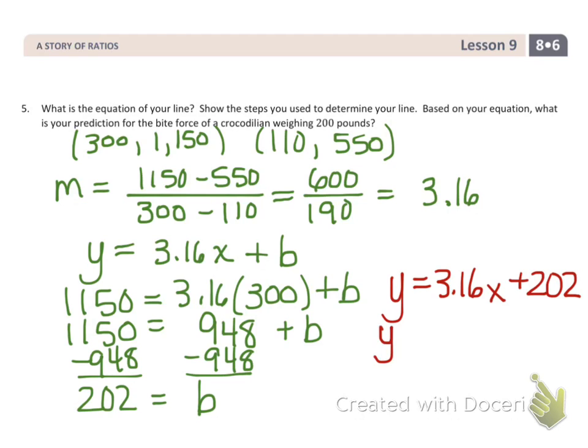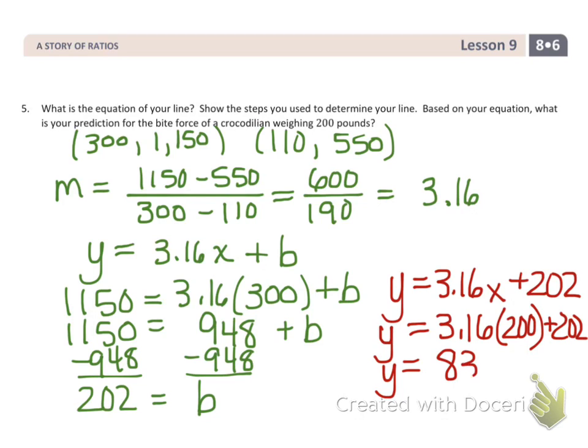So y, the bite force, is equal to 3.16 times 200, putting 200 in for x, plus 202. If you punch that into your calculator, you're going to get 834. So our prediction for the 200-pound crocodile is a bite force of 834 pounds.